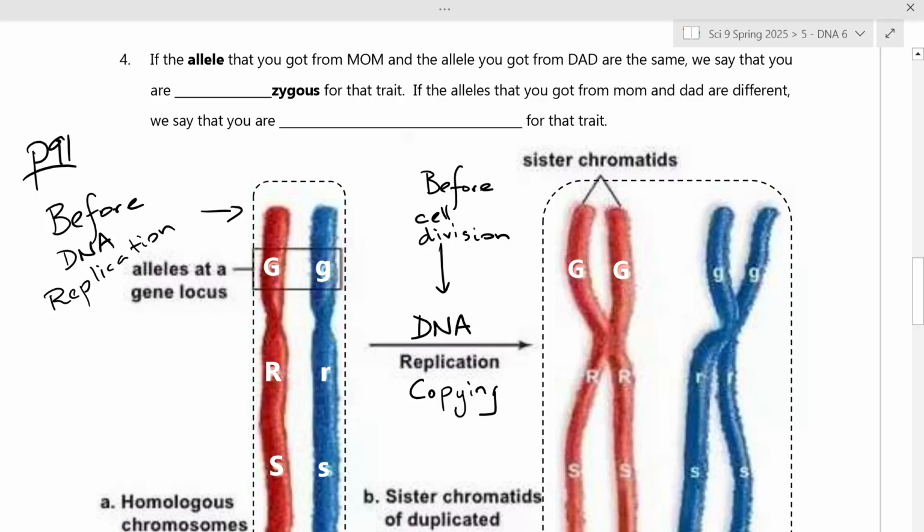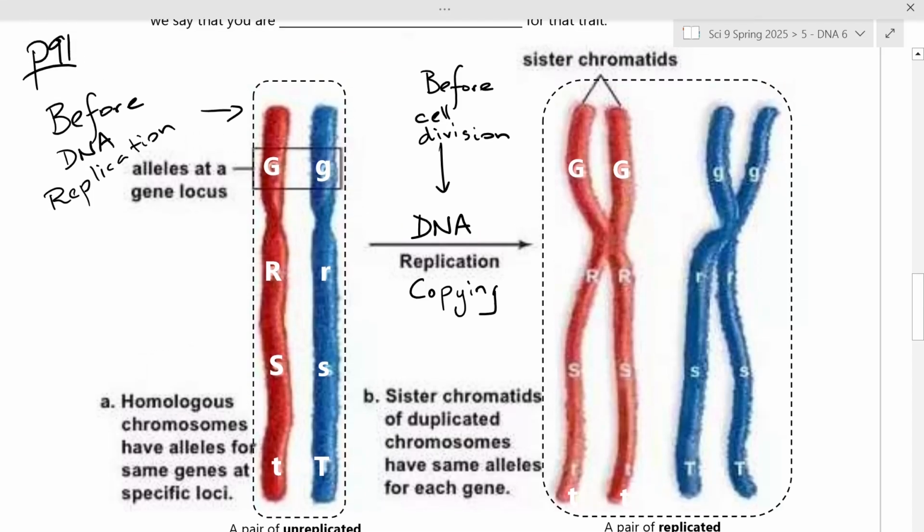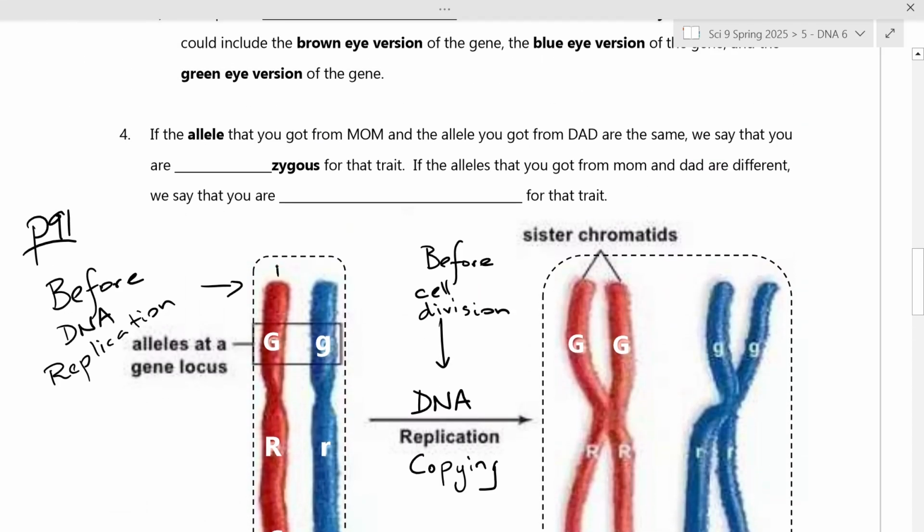So before DNA replication, we've just got 1 and 1. And we could actually write here that we have, here's another word. You're going to hate me because it also starts with chrome. We have 1 chromatid.